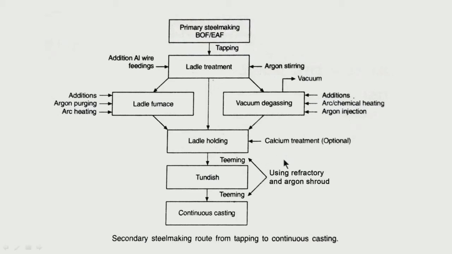So, we have to be careful about this teeming. We must do this teeming with the help of a refractory shroud together with argon rinsing. Argon passing through the refractory nozzle will help the stream to be protected, and will not allow the stream to get reacted with oxygen and nitrogen.